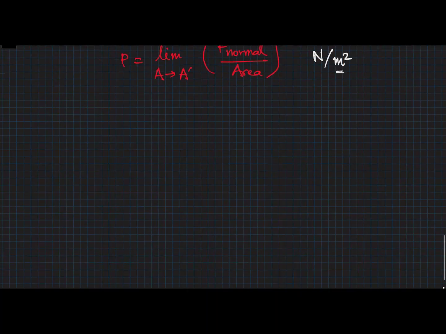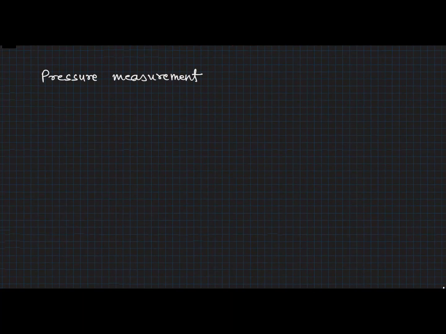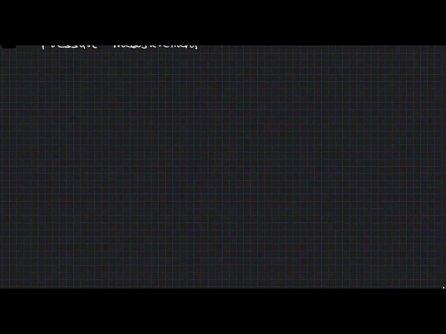Now we also need to understand a few of the devices. For example, for pressure measurement, we consider a particular device which is called a manometer. What we do is we take a tank. Suppose this is our tank.